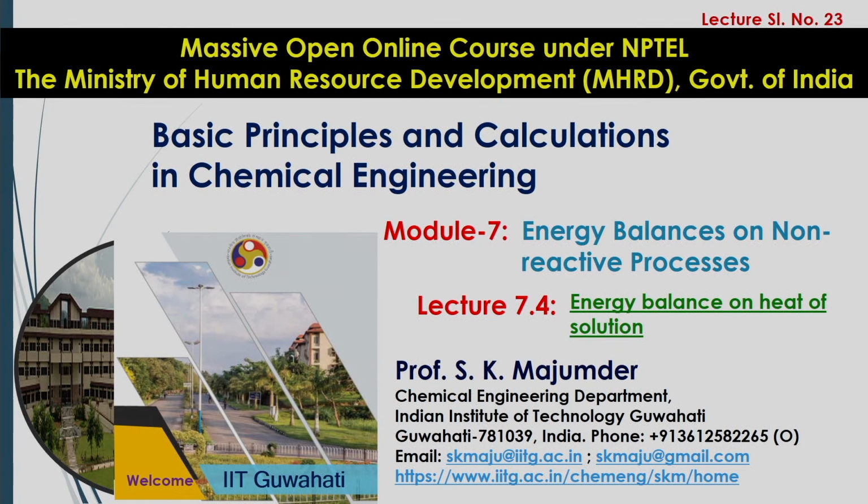So, we are discussing energy balances on reactive processes and also non-reactive processes in our earlier lectures, and under module 7 we have discussed this with ample examples. Now, in this lecture we will try to give more examples regarding energy balance on heat of solution.